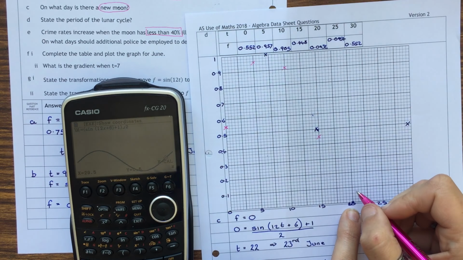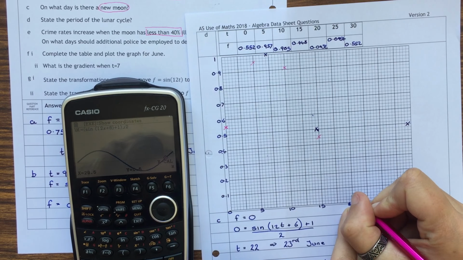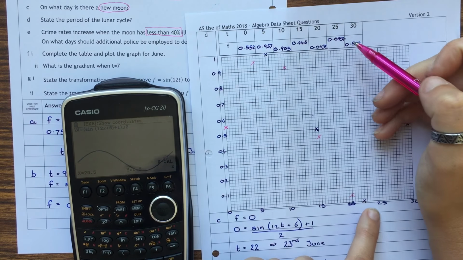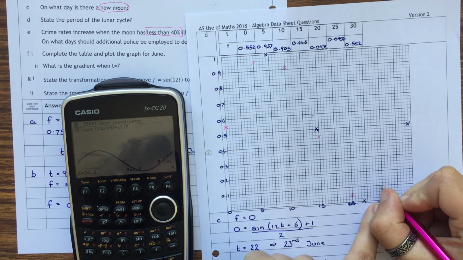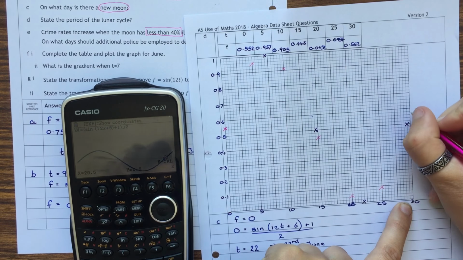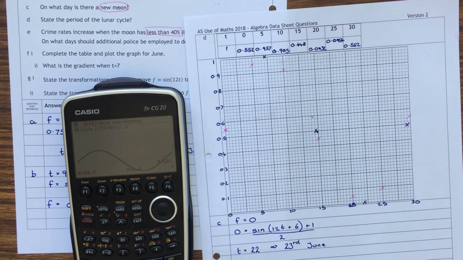We've got 20, that is 0.04, which is there. 0.09, which is there, and then 30 is at 0.52, so about there.